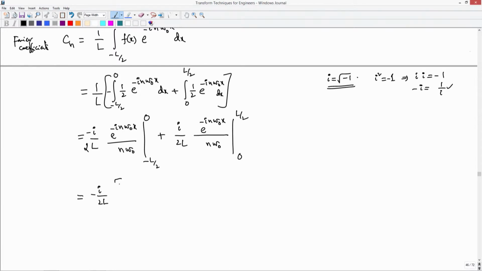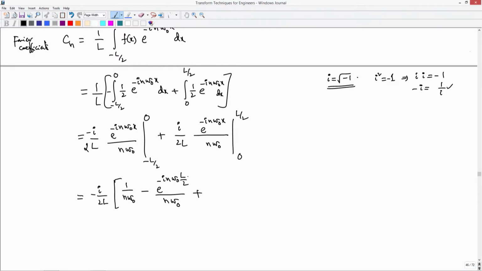If you take it out, what you have is 1 by n omega naught, minus e power minus i n omega naught L by 2 divided by n omega naught plus e power.